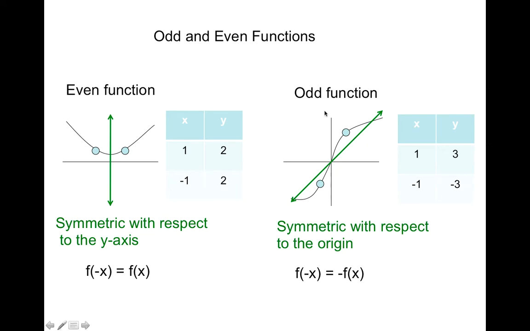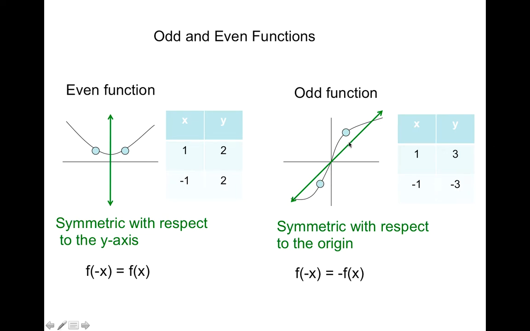Let's compare it to the odd function. The odd function, if we look at this point, has an x value of 1, 3, for example. In order for this to be an odd function, I would need to have negative 1, negative 3. Not only do I have a sign change in x, but then I also have a sign change in y.